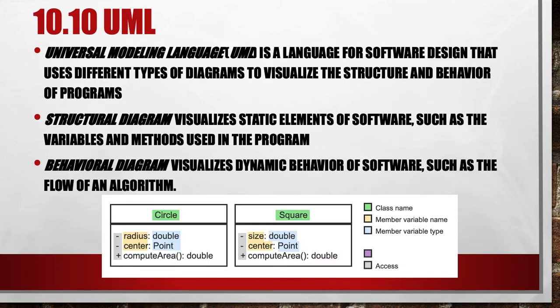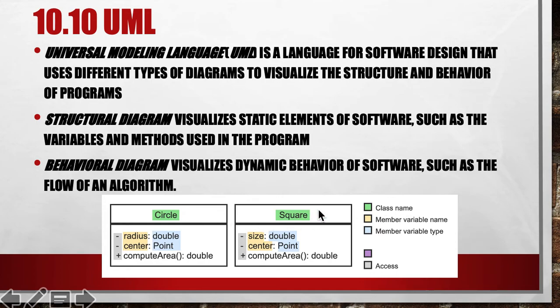10.10, UML, Unified Modeling Language. This is a software design tool where most programmers would visualize the program first prior to coding it. We have structure diagrams for static software, and behavior diagrams showing how the algorithm is going to flow. Here's an example.